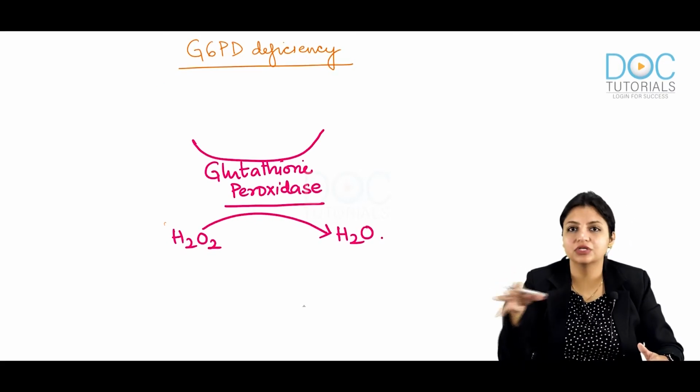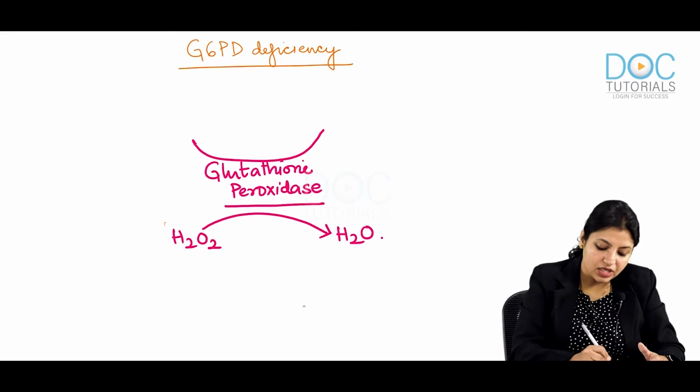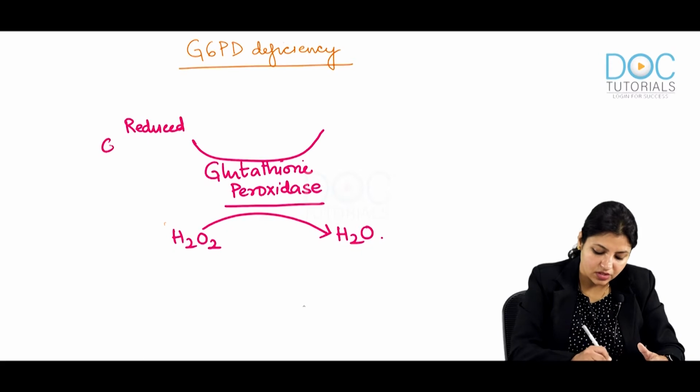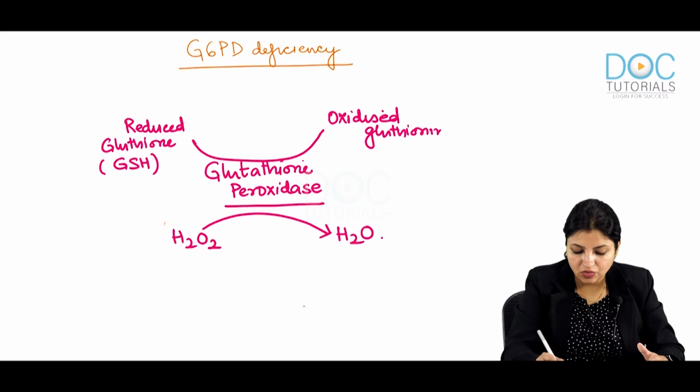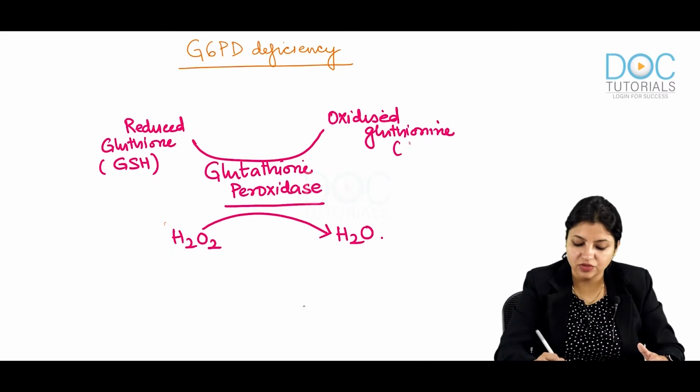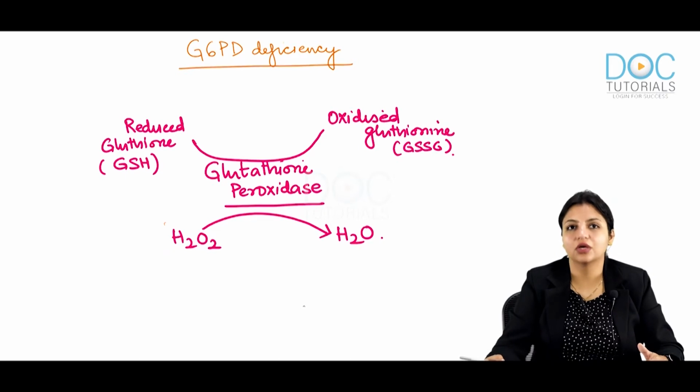This H2O2 was reduced to water, but in this process, it also changed reduced glutathione, which is denoted by GSH, to oxidized glutathione, which is also called GSSG.